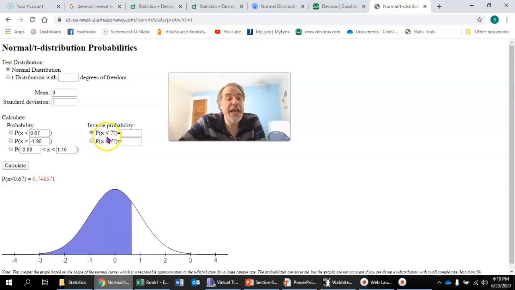The probability of x being less than question mark equals, so I'm going to put in the number 0.378 and then go down here, make sure you've got this selected, and go down here and click on calculate, and it gives us the answer in red here, negative 0.31. And then it shows it on the graph here. So right about here is where z would be negative 0.31, and then the shaded region is about 37.8% of the whole thing.